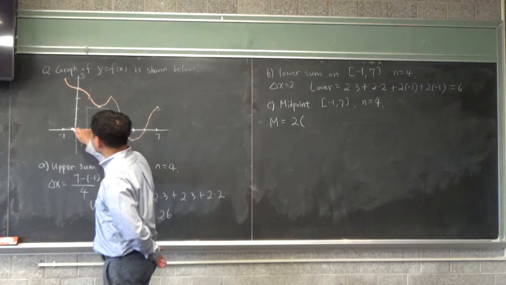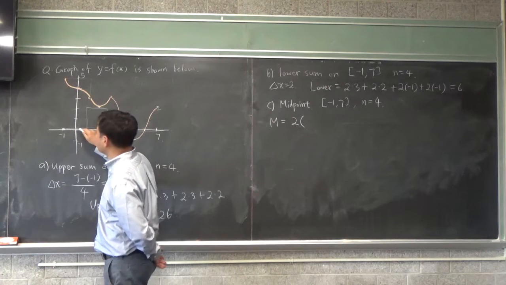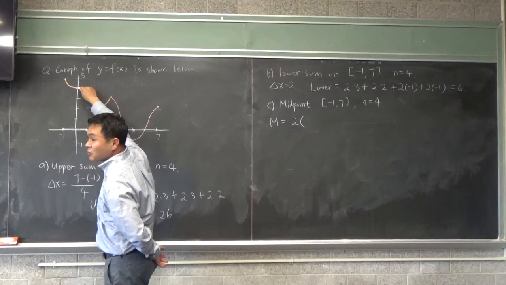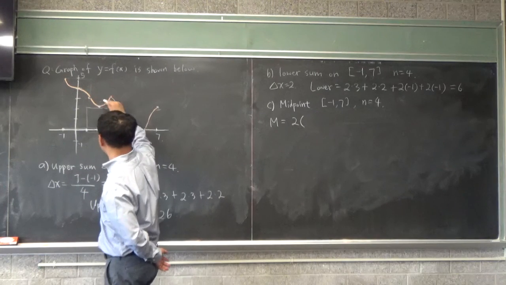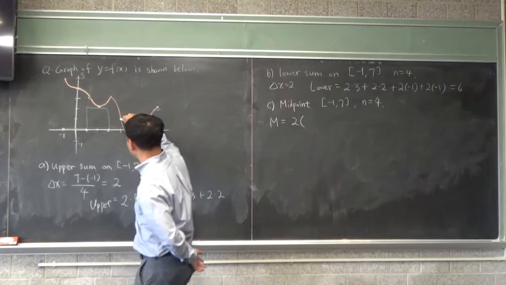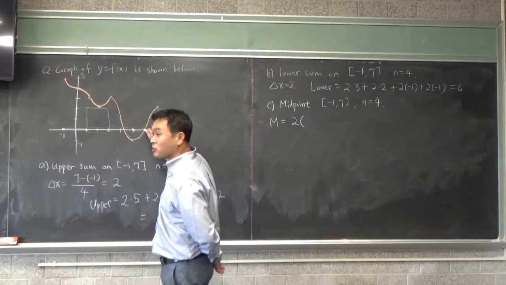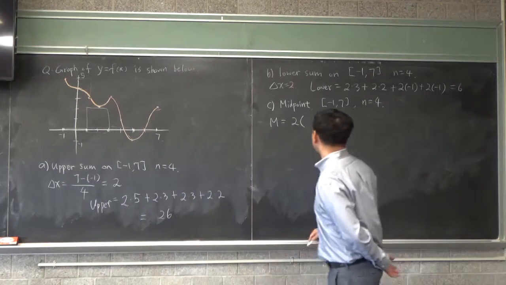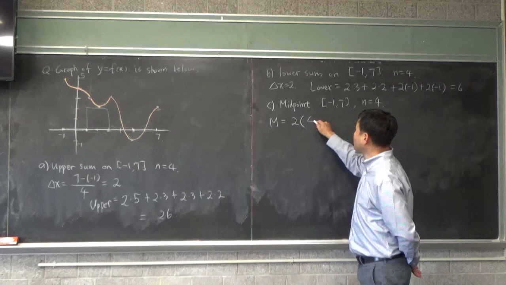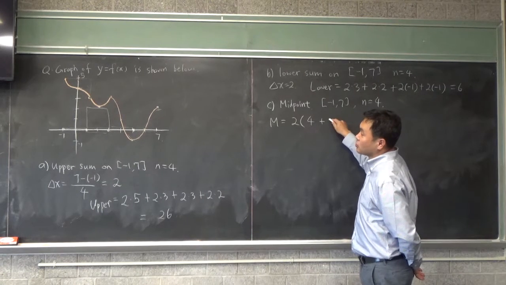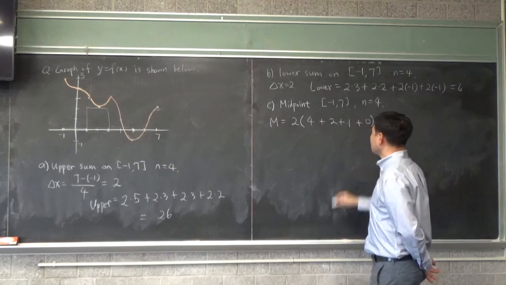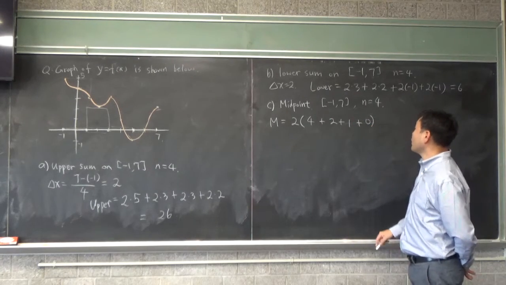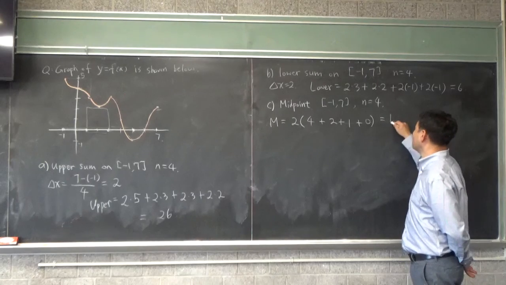In the first interval, what will be the height? 4. It's the midpoint's height, right? And the second one? 2. Third one? 1. Fourth one? 0. Right? So it will be 4 plus 2 plus 1 plus 0. So you have 7 times 2, which is 14.